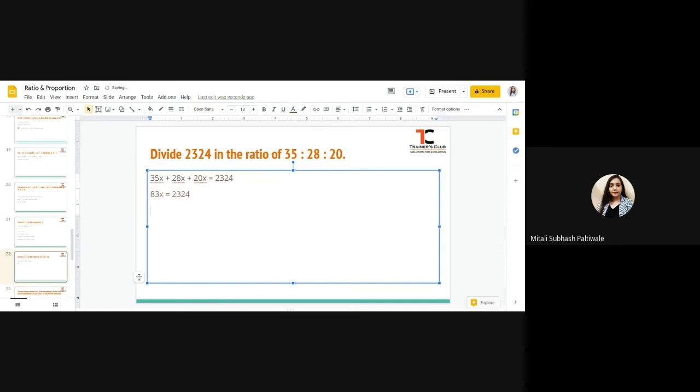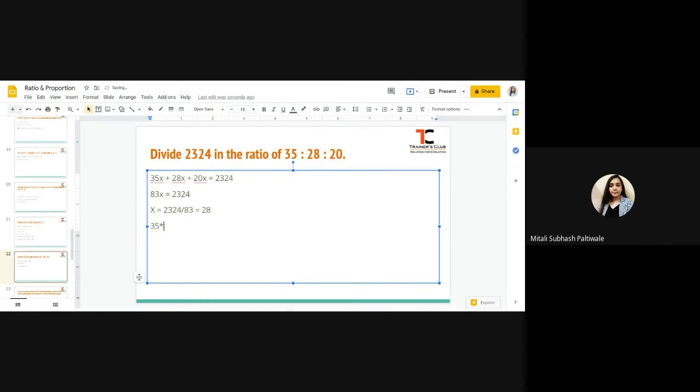Now, okay, so let's get ahead and let's find this out. Okay, so here it will become x is equal to 2324 divided by 83, which is again equal to 28. Okay, now 28.